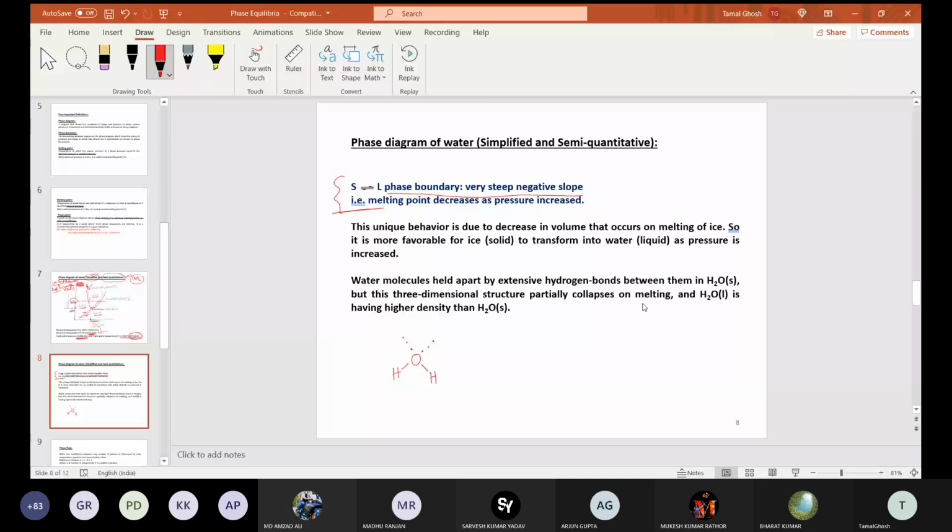So in water, solid, that is your ice form, overall 4 hydrogen bonds will be taking place with one water molecule. Okay, so those 4 hydrogen bonds can exist with one water molecule. 2 hydrogen bonds will be along the lone pairs and 2 hydrogen bonds will be along the bond pairs. So overall, each water will be having 4 hydrogen bonds.